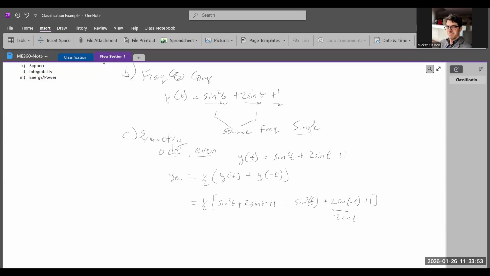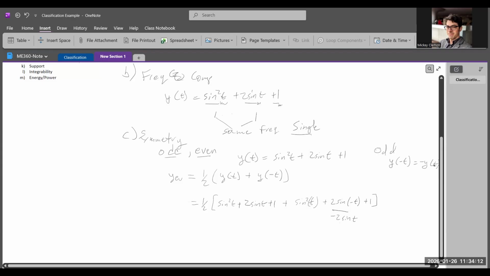And an odd function, as a reminder, is one where y of minus t equals minus y of t. That's an odd function.